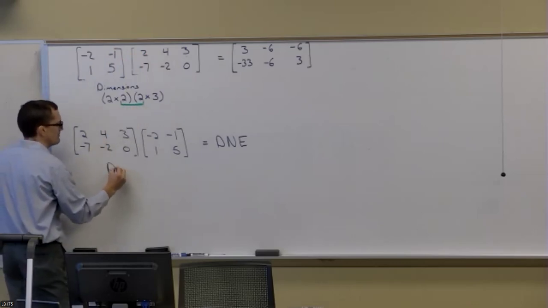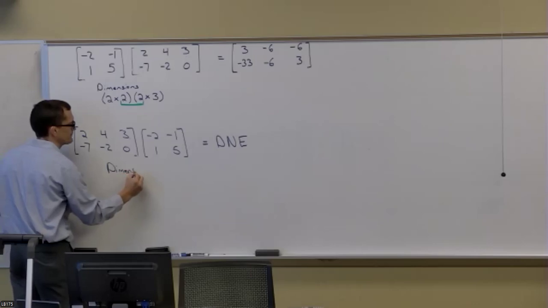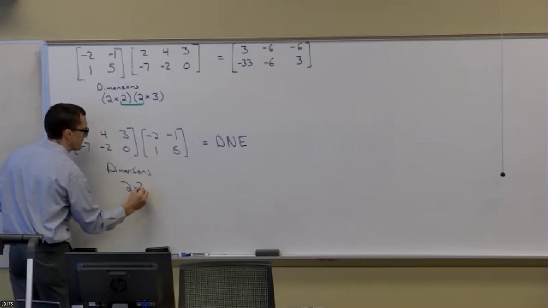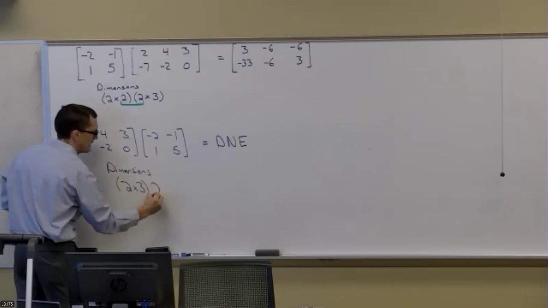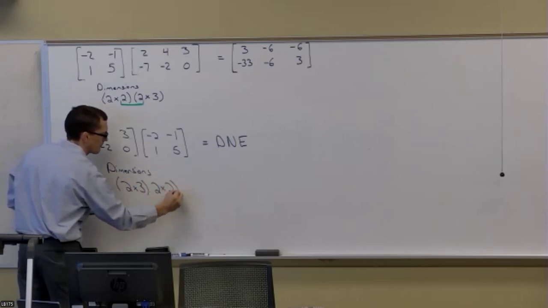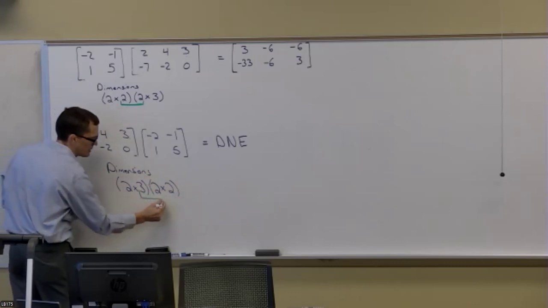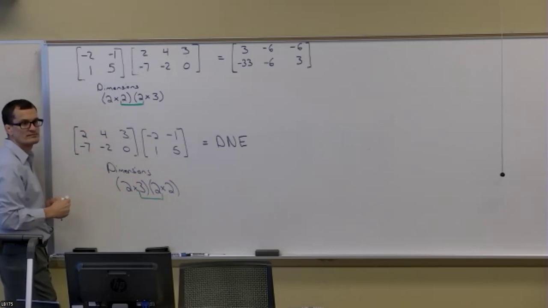And if we look at the dimensions here, this was 2 by 3 and 2 by 2. Since those middle entries didn't match up, I couldn't multiply.